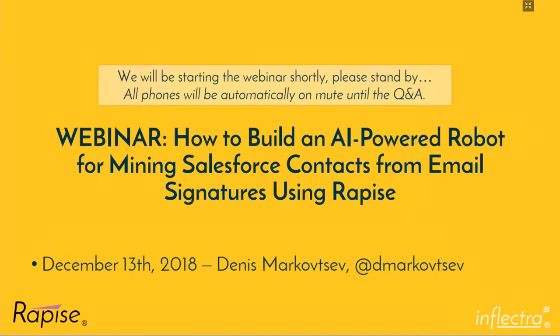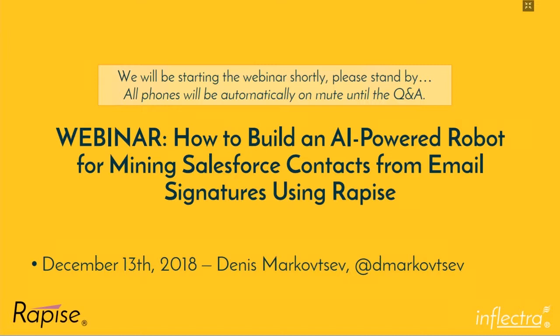Email signatures. We'll be building a robot, so an automatic script that will be extracting email signatures from email text. We'll be getting email text from Exchange server using IMAP protocol. And when we extract these contacts, we will add them into Salesforce using UI automation. So we will use a browser to insert new contacts into the Salesforce system.